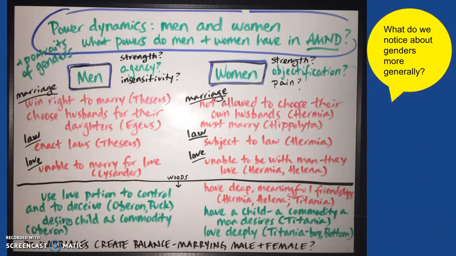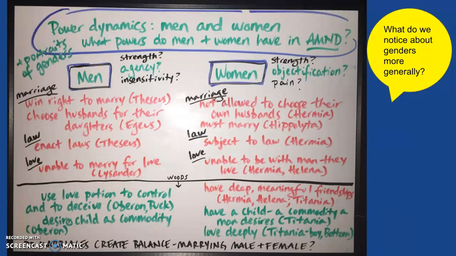I think there's a lot, if you're interested in exploring questions of gender, though I think you can read this with other types of lenses that aren't as binary as this, certainly. But there are issues of men having more power than women.